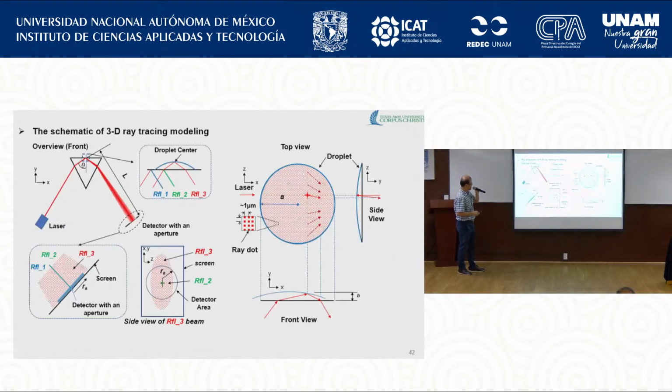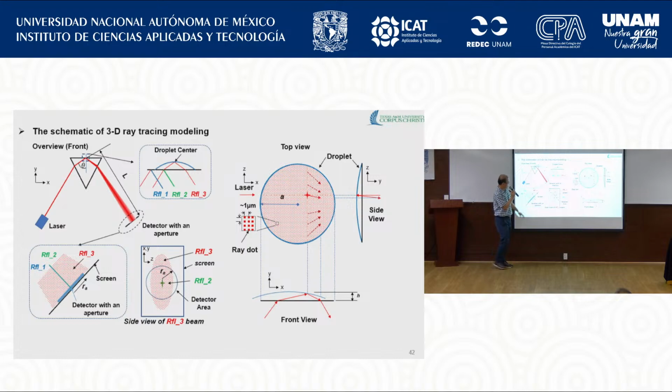Okay. Now this one shows the schematic of the 3D ray tracing modeling. As you know, we put an aperture in front of the detector, right? If we zoom in here, we can see reflection 1, 2, 3. They are all collected here.